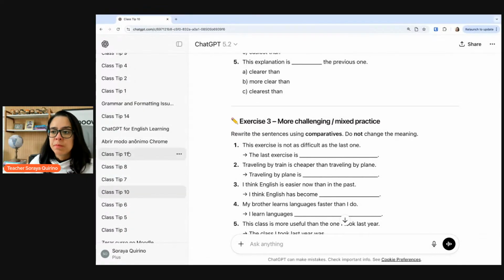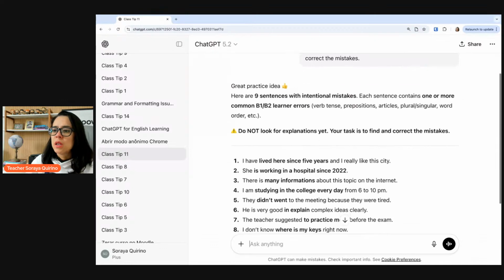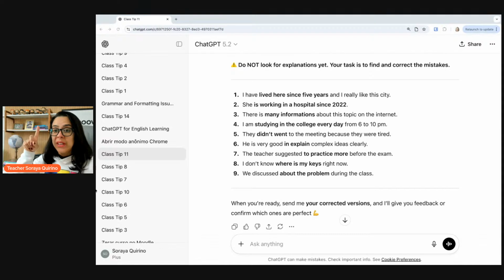So let me show you also an example here very fast, because now we're going to talk about speaking. I'm excited about speaking. So here, I asked for mistakes with verb tenses. And I forgot to tell you, this kind of exercise is different because I asked ChatGPT to create exercises in which I would have to spot the mistakes.